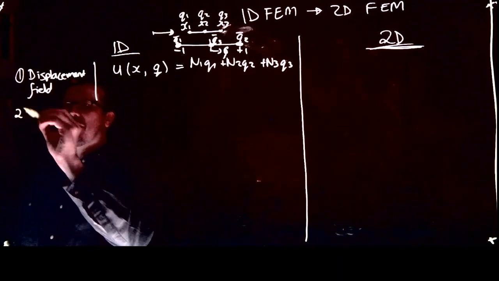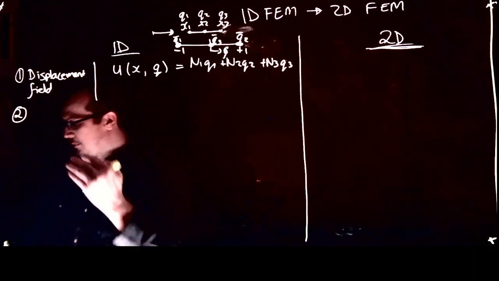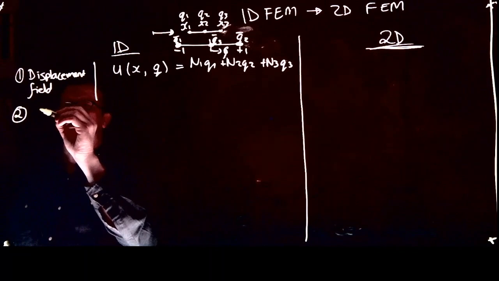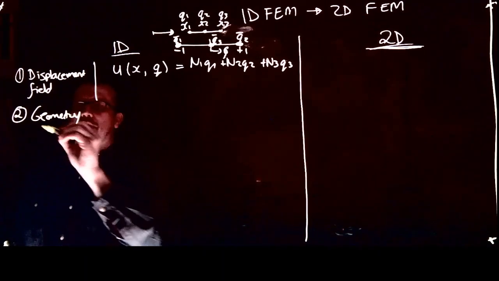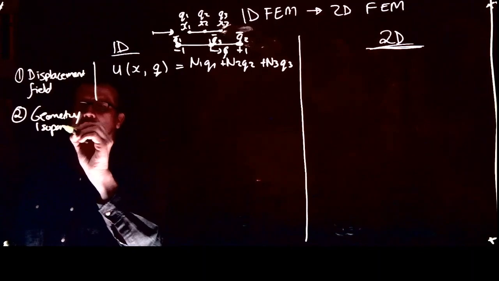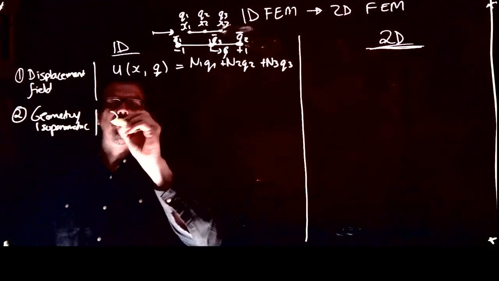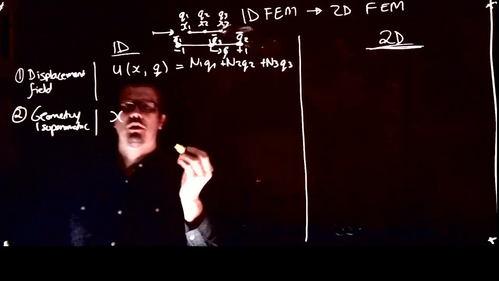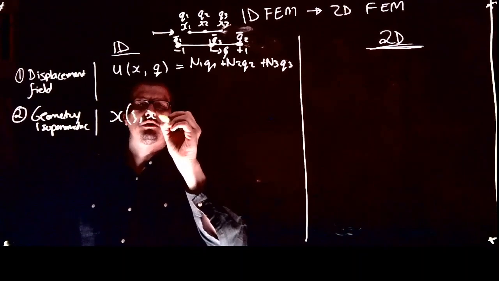We also have something else, which is essentially taking this displacement field. Well, let's talk about the isoparametric. This is the geometrical field, geometry, isoparametric. So in the isoparametric, we're writing x as a function of psi and its x coordinates.